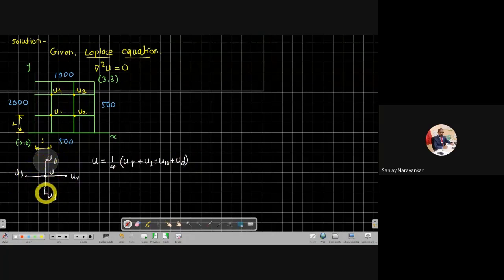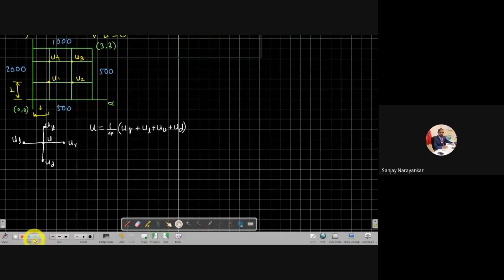So what is this basically? Let us try to understand what this is and how we can use this formula to find the values of u1, u2, u3, u4. All these things we have discussed in the theory class, but again as a part of revision. First, for u1, we are going to find this value.